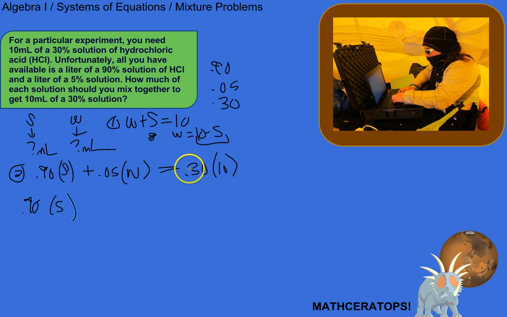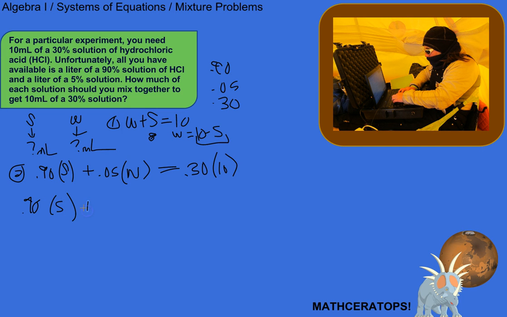So this is the part that looks like weighted averages. The solutions are counting. They have different weights. 90% of this solution is hydrochloric acid, whereas only 5% of this solution is hydrochloric acid, and then altogether it's going to be a 30% solution.